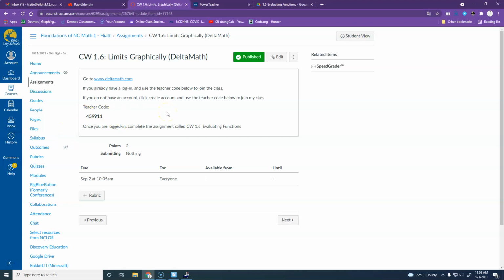Teacher code is 459911. So go to Delta Math, use this teacher code, and tell it that you want to be in my foundations class, and it should take you there. Then you should have an assignment that says 1.6 evaluating expressions or evaluating functions. Hopefully, all of that's going to work as I have told you.